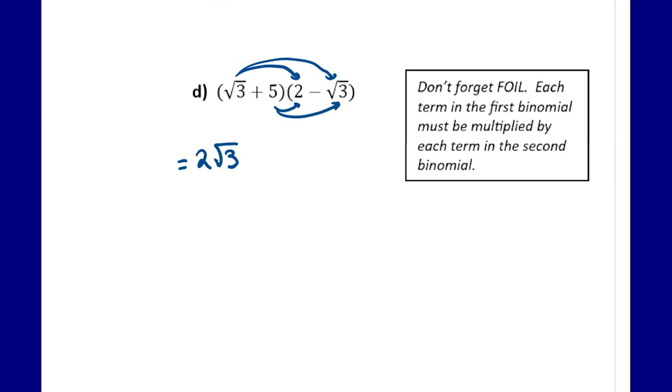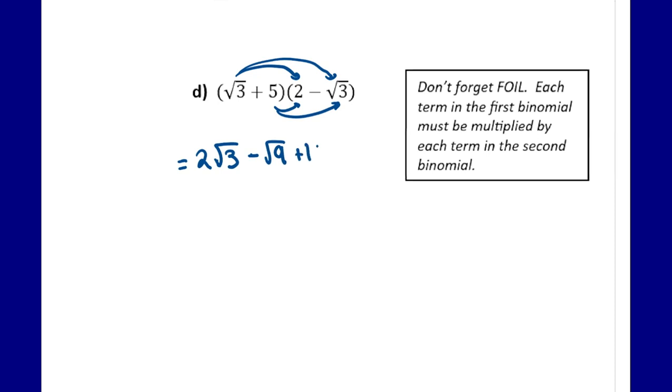Root 3 times negative root 3 becomes negative root 9, multiplying the radicands together. You could recognize that root 3 times root 3 cancels out the roots, so this would end up being a negative 3. But we'll work through it step by step.